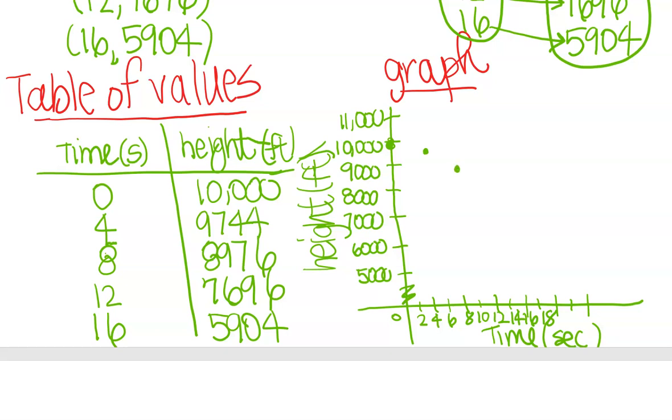At 12, it's just under 8,000. And then at 16, it's just under 6,000. And then when we're doing this, we do not want to connect the dots. And then make sure each side, x and y, are equal increments.